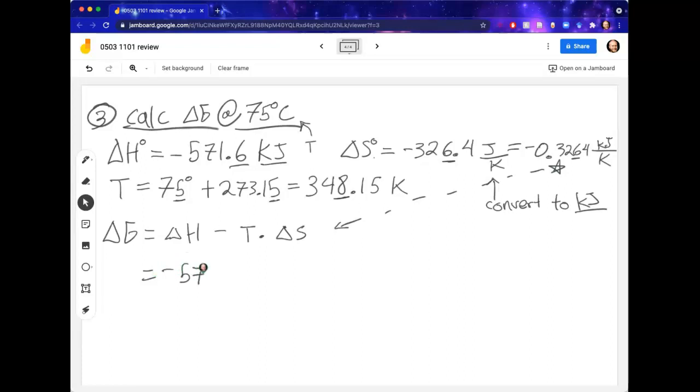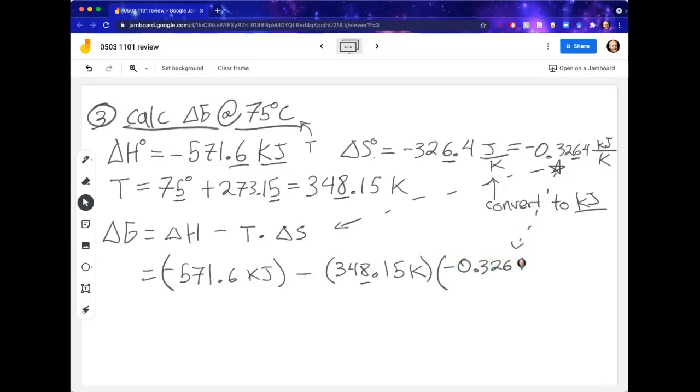Negative 571.6 kilojoules from delta H minus the temperature in Kelvin, 348.15 Kelvin, multiplied by the value in kilojoules per Kelvin, negative 0.3264 kilojoules per Kelvin.